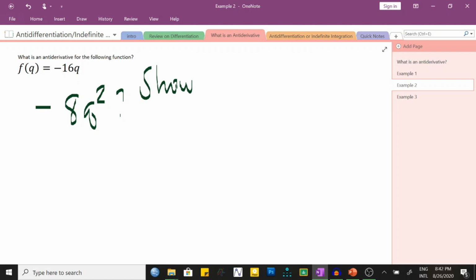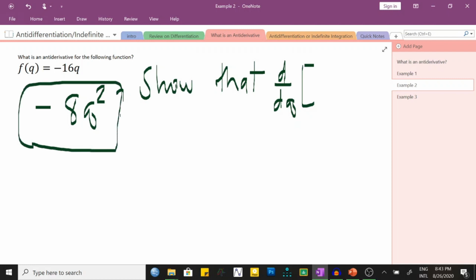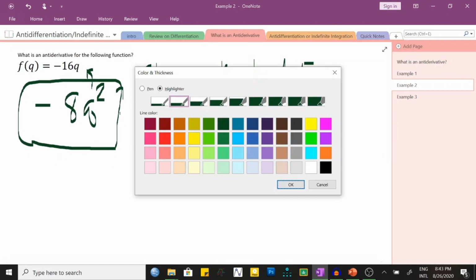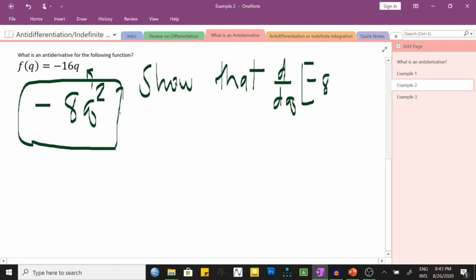Let us show that if this is to be an antiderivative, if we take the derivative, it should be negative 16q. If that happens, then we say that negative 8q squared is a correct antiderivative. So let's do that. Negative 8q squared. The derivative has to be negative 16q.